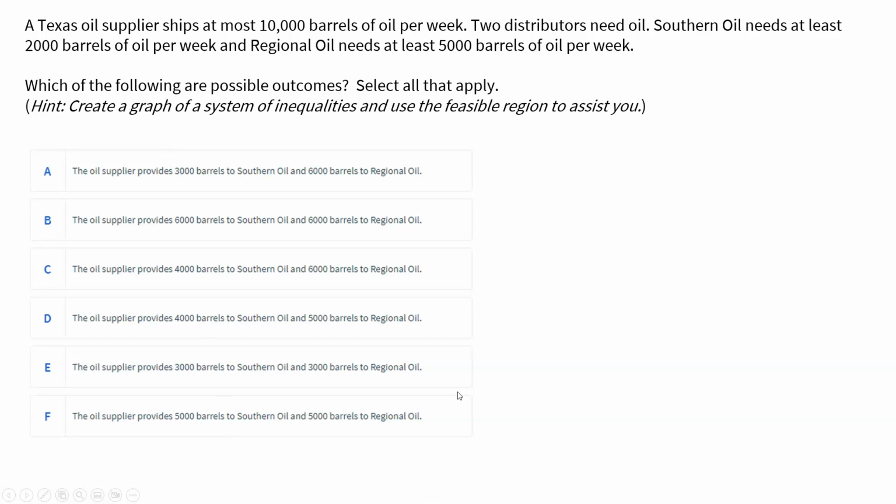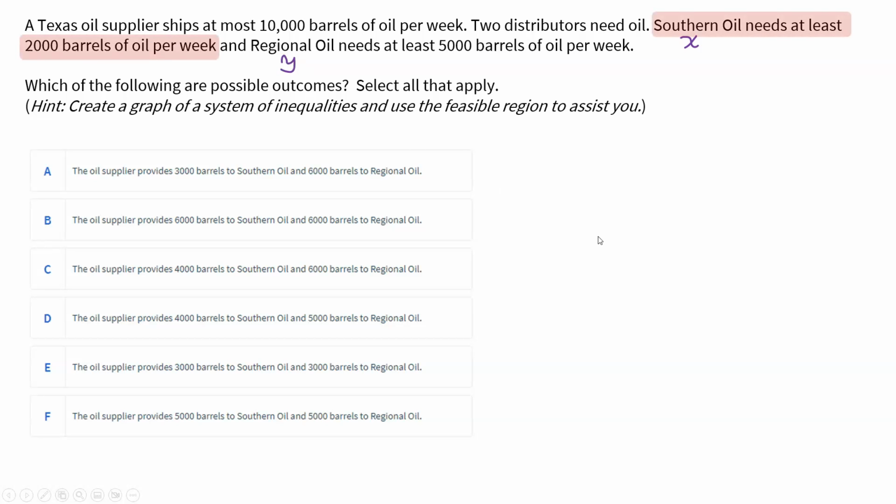Now you can probably figure this out without doing a graph of linear inequalities, but it does make it a little easier to visualize if you do. So letting X be how much oil Southern Oil needs, and letting Y be how much Regional Oil needs.